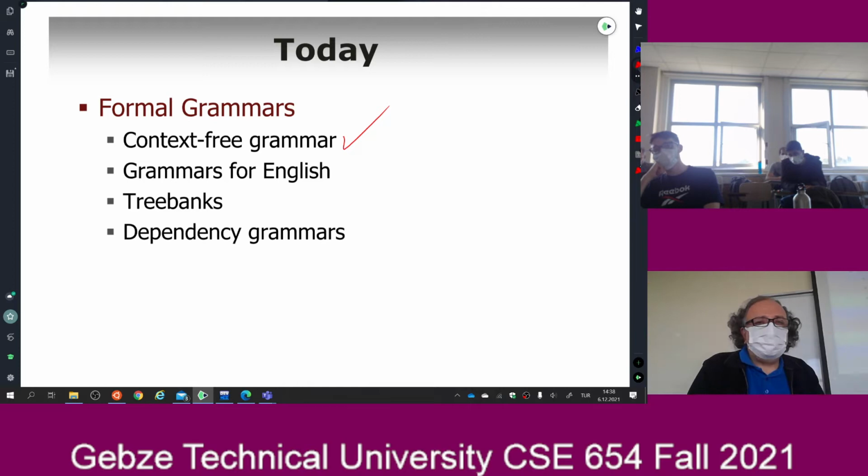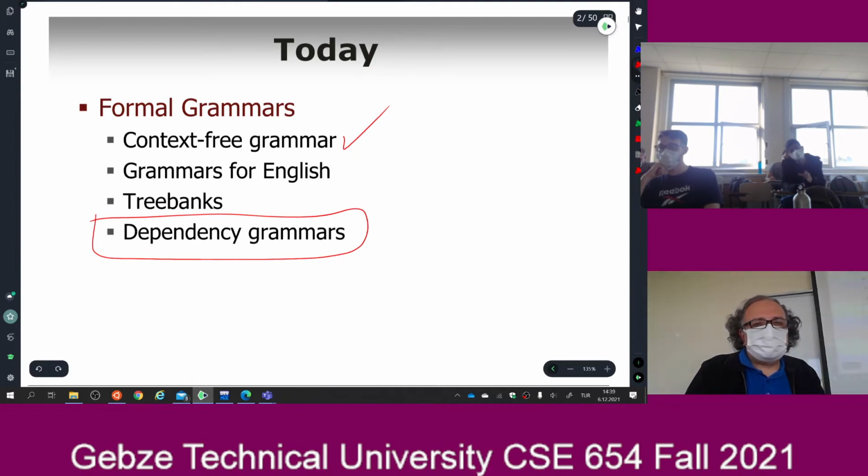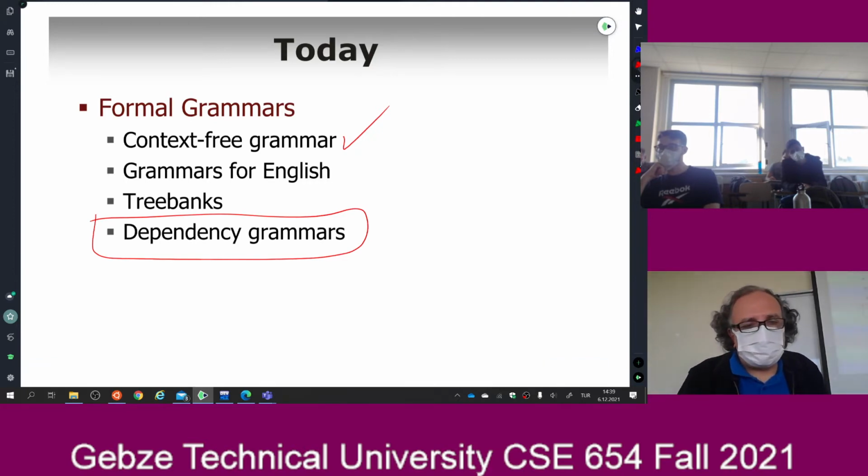They won't be powerful enough for the whole language, but we like context-free grammars because we have very nice, very efficient parsers for them. We understood them better than the other grammars, and that's why we will spend most of our time around them. Then we will look at grammars of English, what kind of grammars we can have, tree banks, and then dependency grammars other than the context-free grammar.